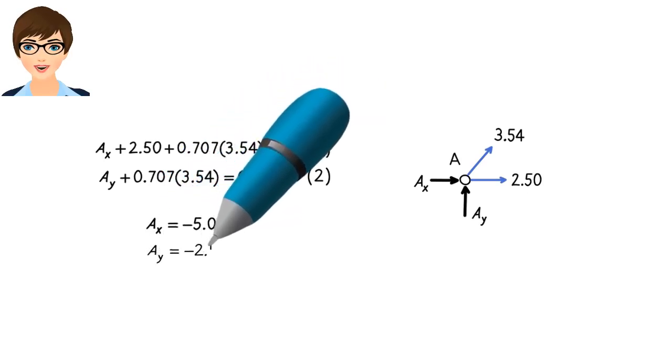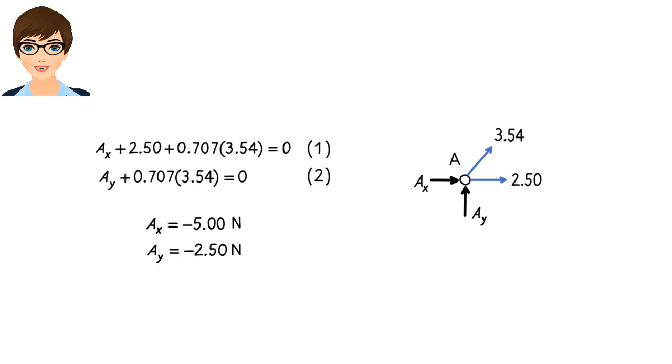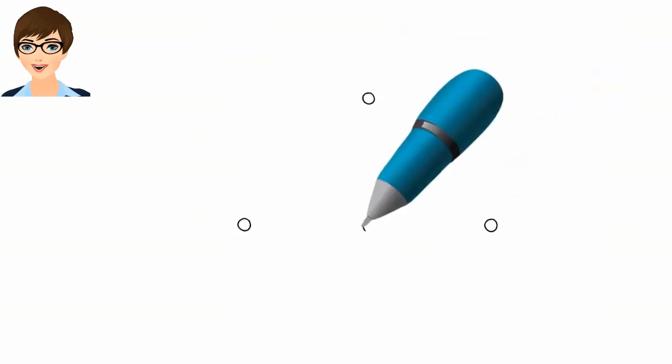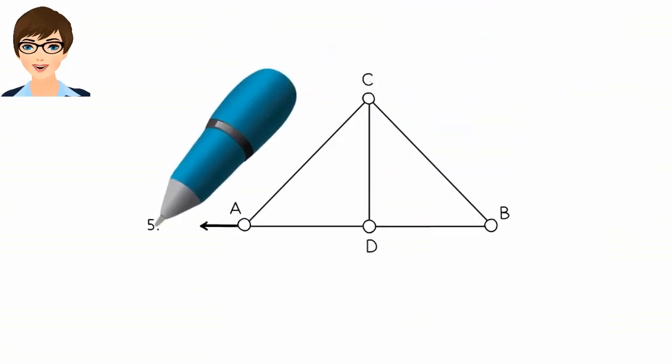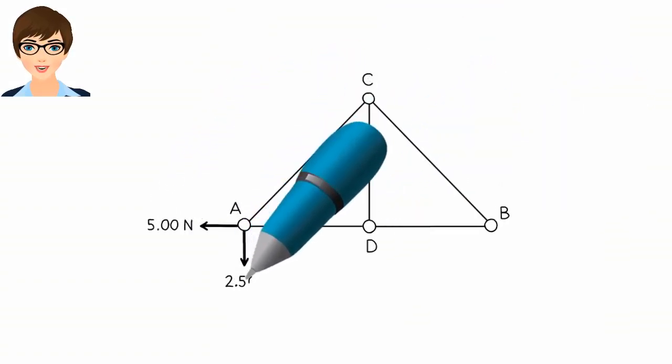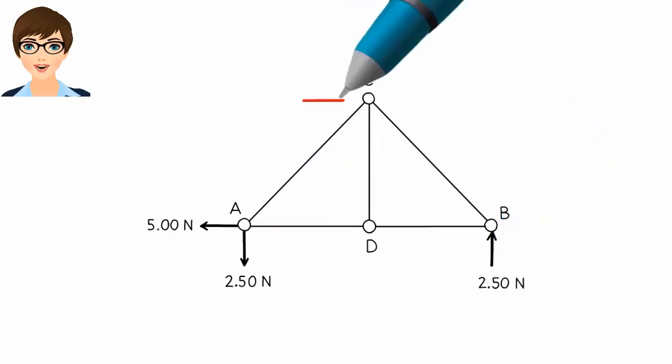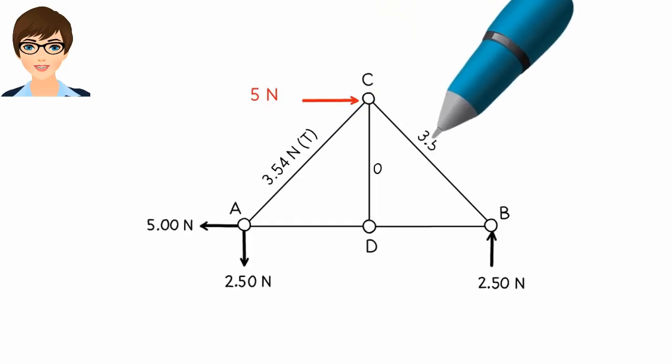AY equals negative 2.5 newtons. The negative sign here means that the assumed direction for the force is incorrect. We present the results of the truss analysis by writing the force magnitude on each member and by marking compression members with capital C and tension members with capital T, like this.